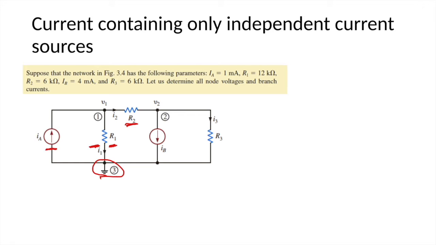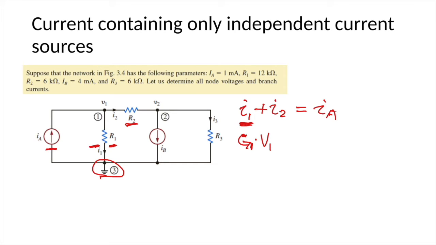So the KCL is I1 plus I2 equals IA. That is, the current leaving node 1 equals the current entering node 1. We can use Ohm's law: I1 equals G1 times V1.